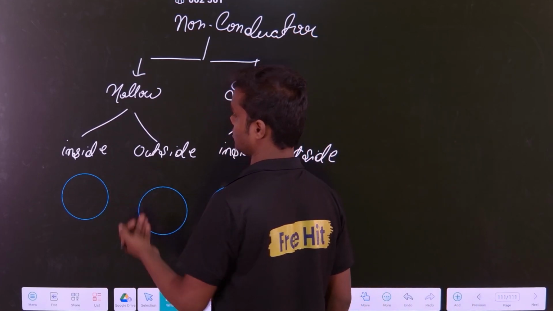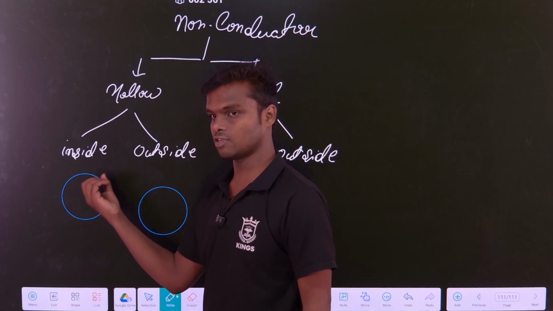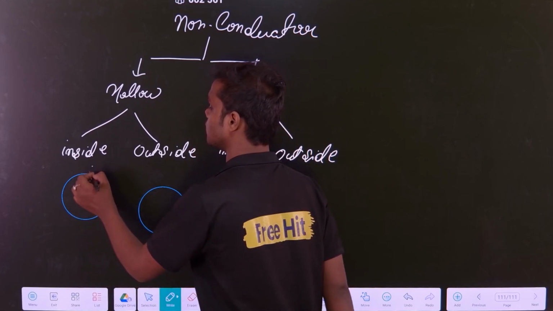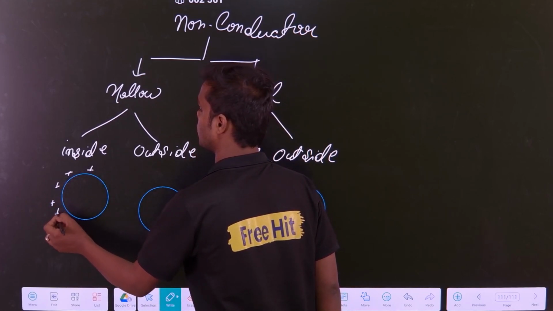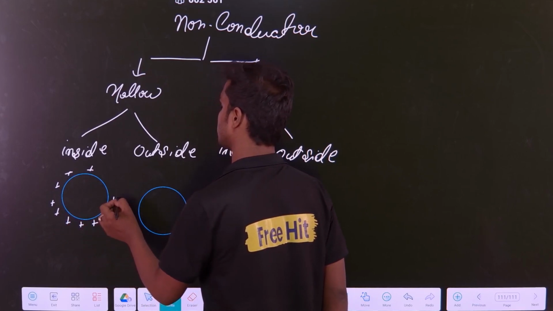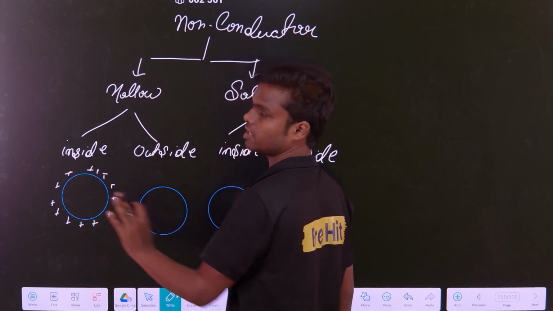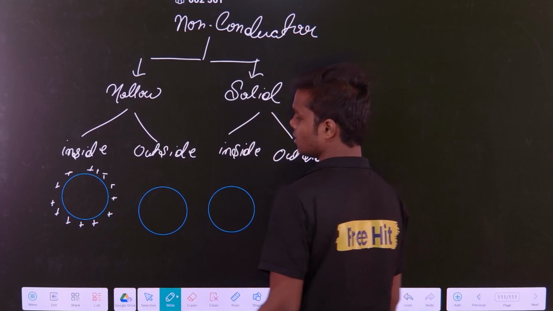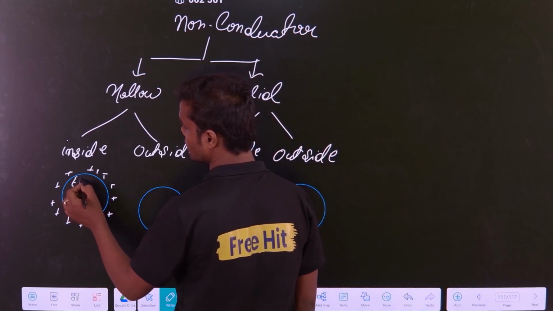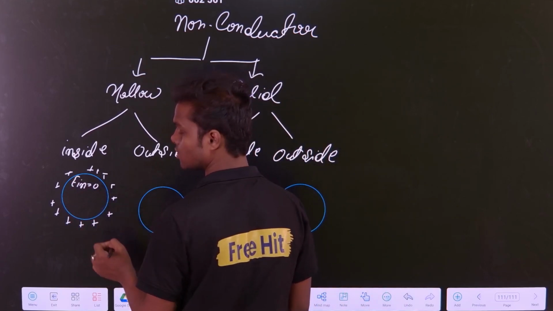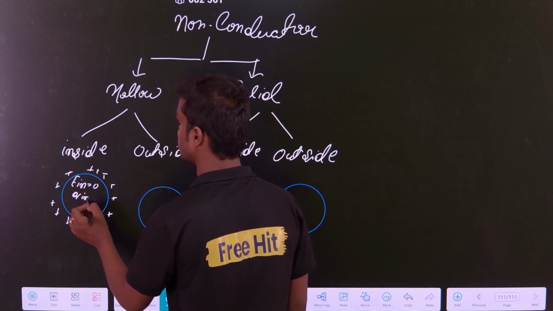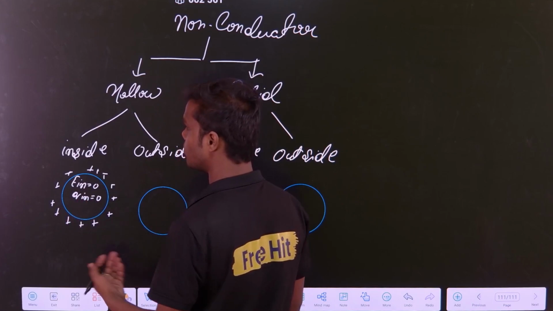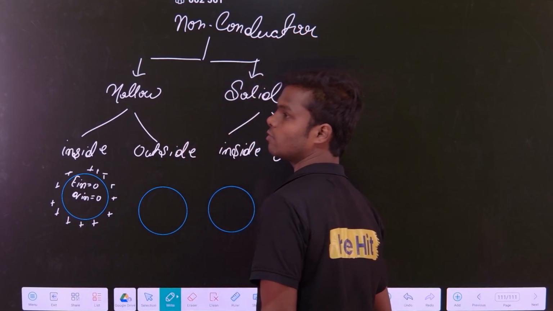For a hollow case, if there is no material and it is hollow, then obviously the charge will be here only. It is sure the charge will be here only. Correct? Similarly, if the charge is here, I can say my E in will be 0, and Q in is also 0. What will be the potential?